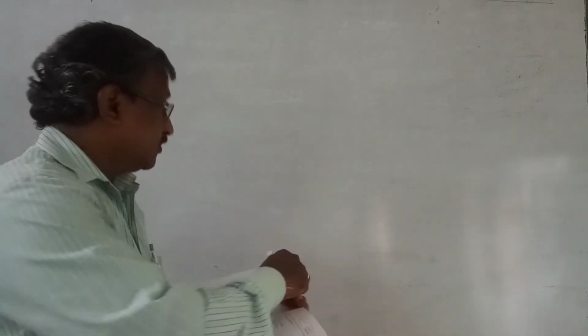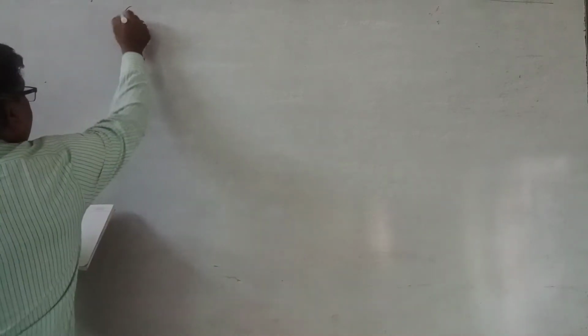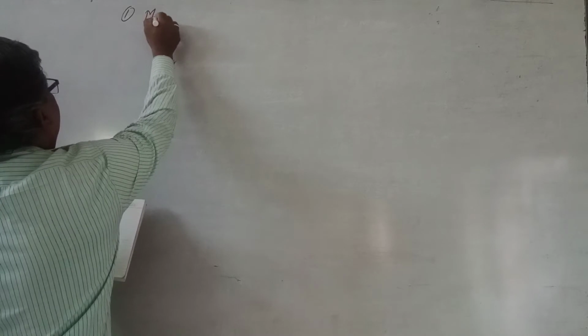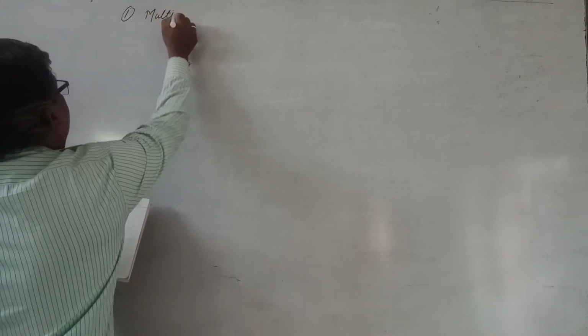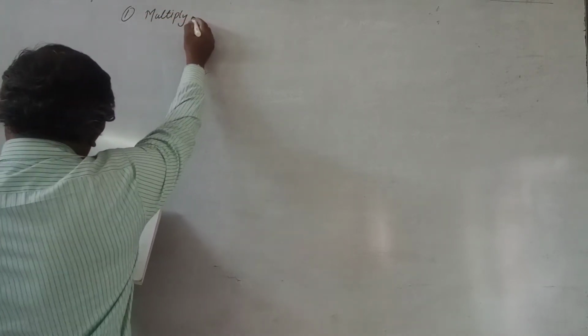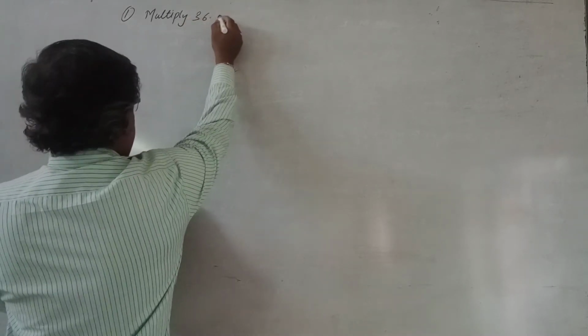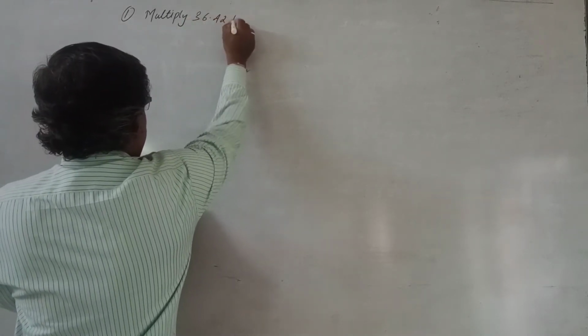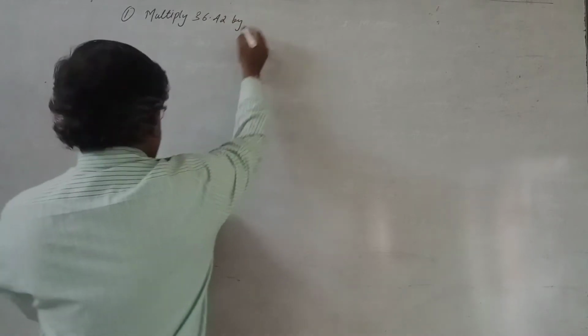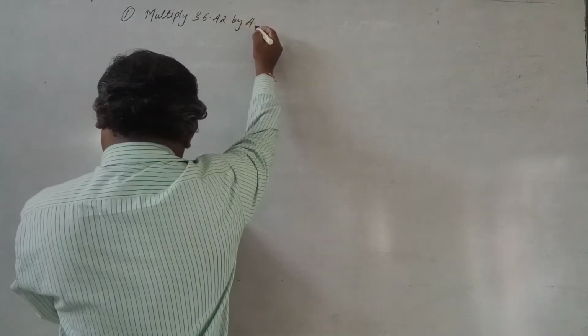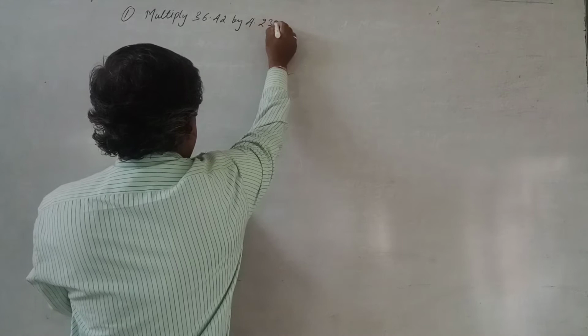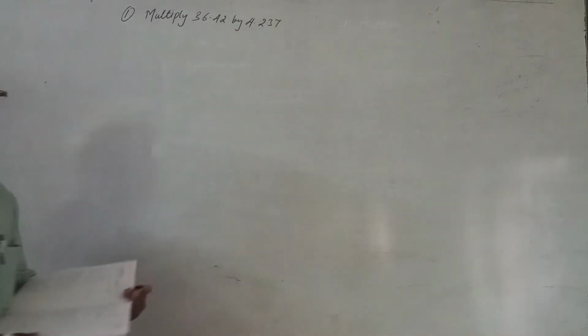So here is my first problem. Multiply 36.42 by 4.237.